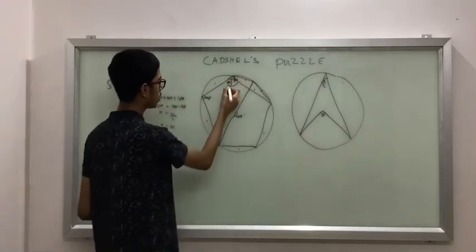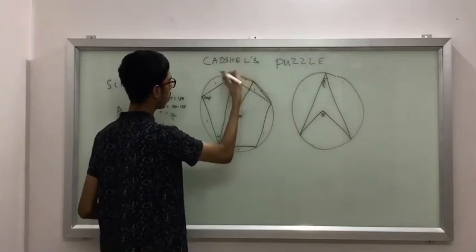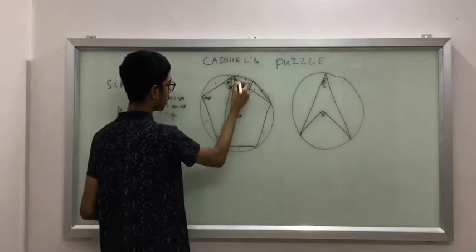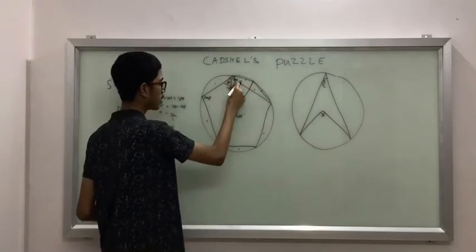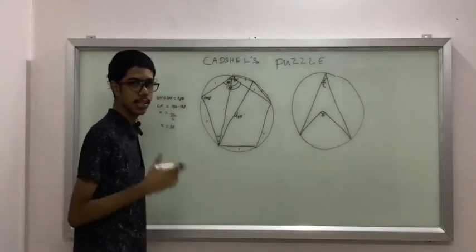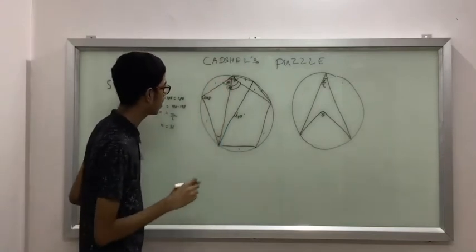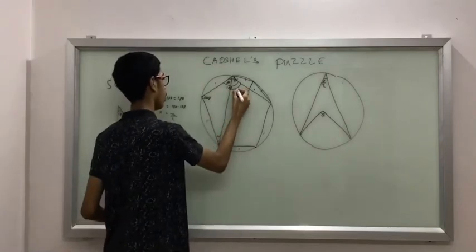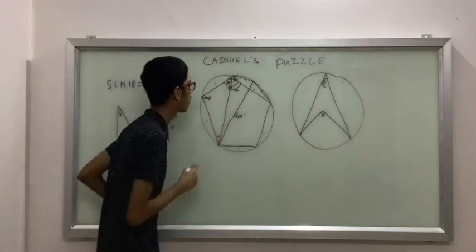Okay, I'll draw this here. This whole angle is 108. Then this angle is how much? 108 minus 36 is 72. Okay, it's 108 minus 36, 72 only.